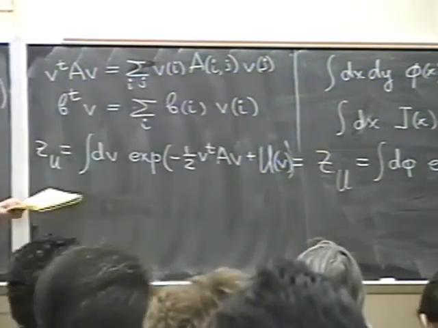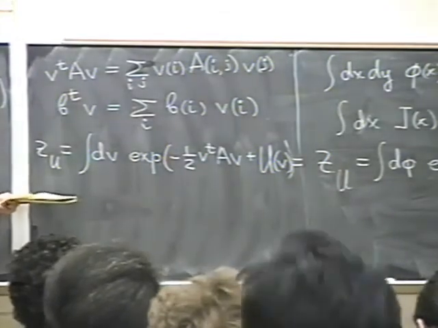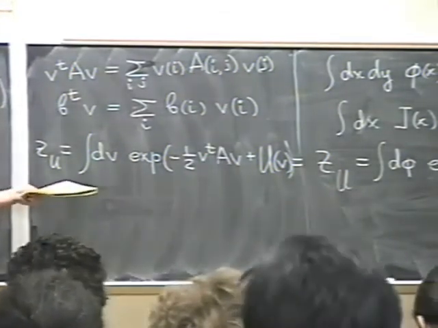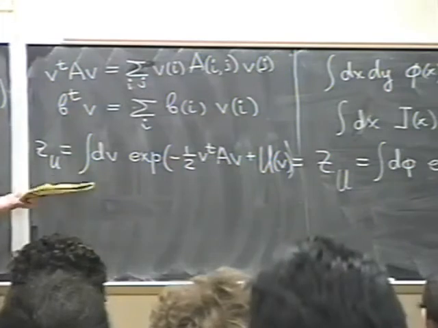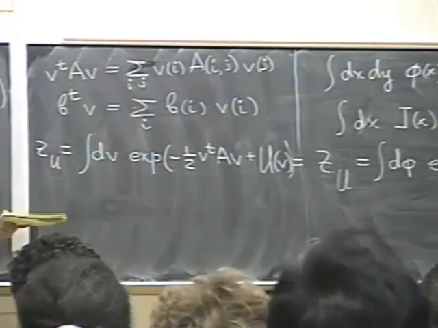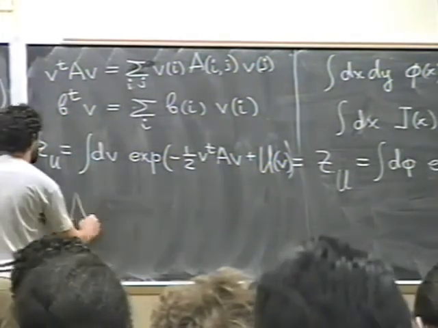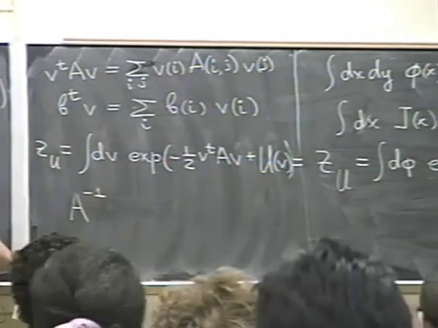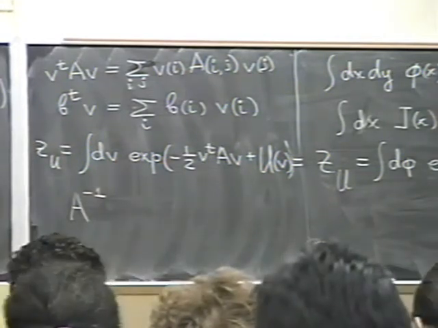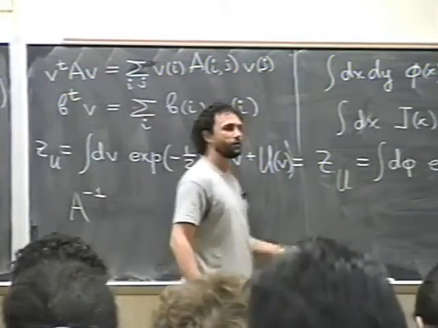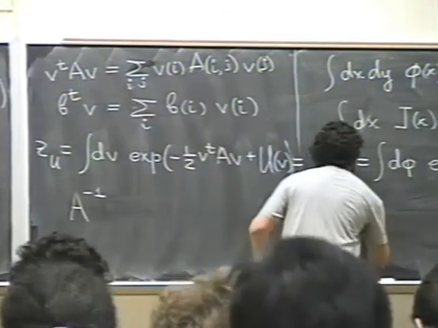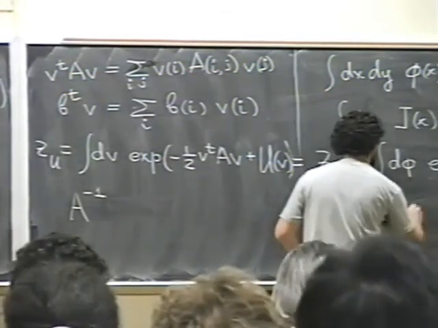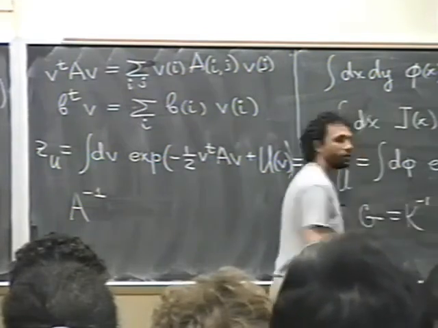So for this thing and for the correlation functions, we have seen how to write the Feynman rules. And then we use Wick's theorem. And in Wick's theorem, remember that I always have to use A inverse. Now, what is the analog of A inverse? I will call it G, K inverse in a sense.